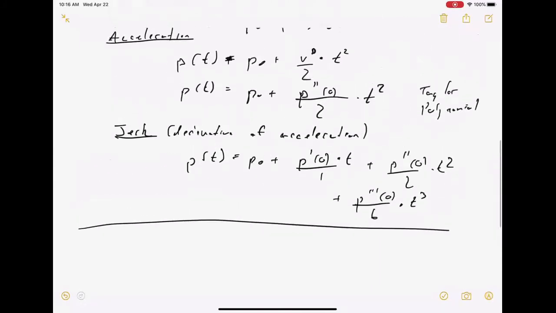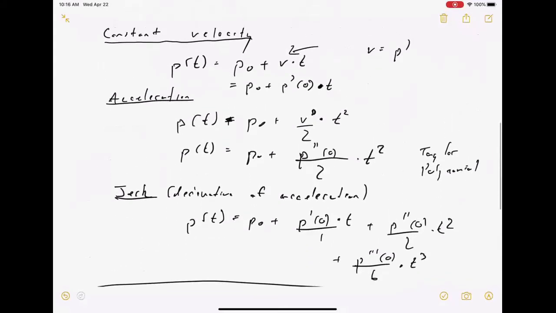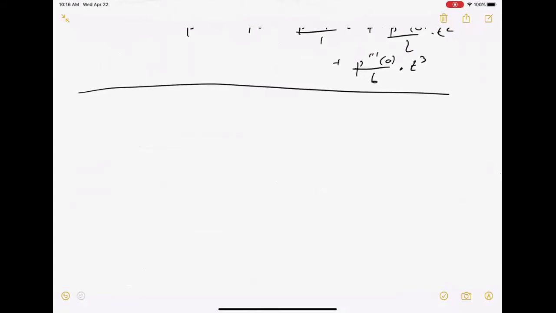So why are we using Taylor polynomials for these equations of motion? Well, if the position of a particle has some equation p, odds are that in nature it's not going to be a nice equation with nice coefficients. If such a function exists, it's probably really weird.